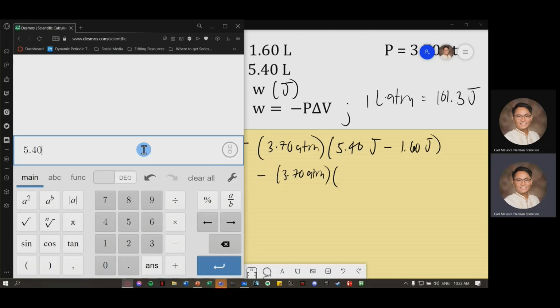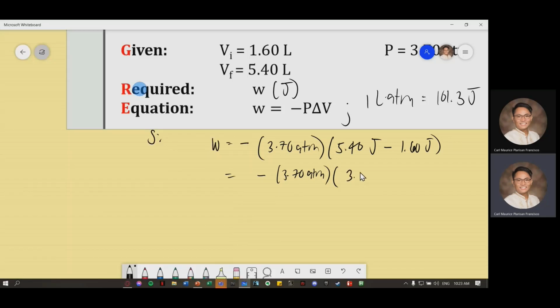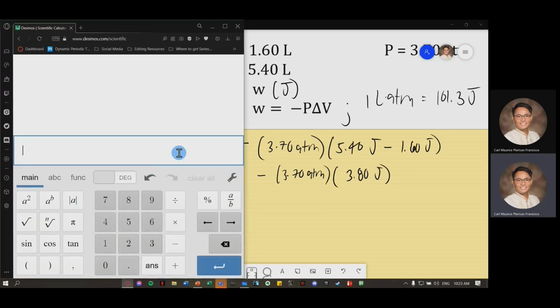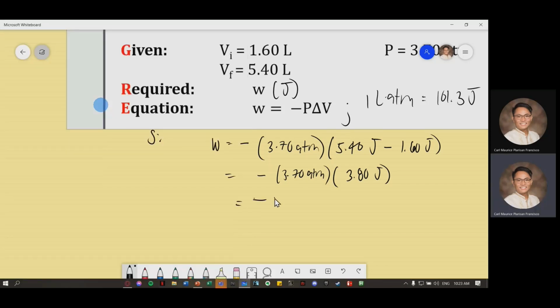So 5.40 minus 1.60, that's 3.80, 3.80 joules. Okay, and then we multiply them now. So negative 3.70 times 3.80. So we have here 14.06 or 14.1, negative 14.1.